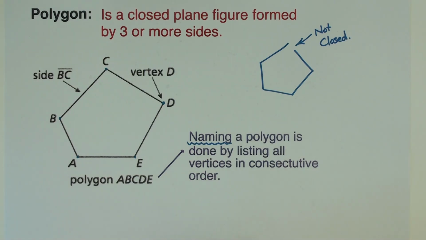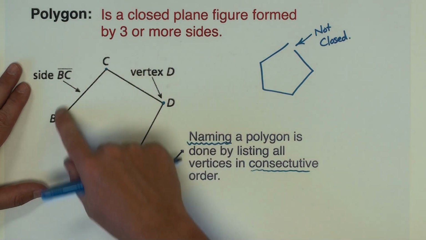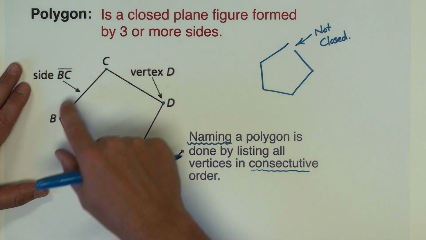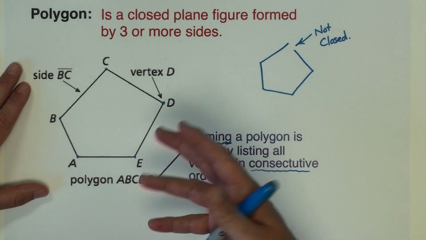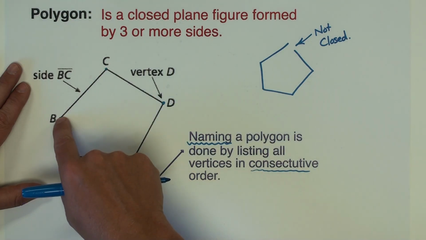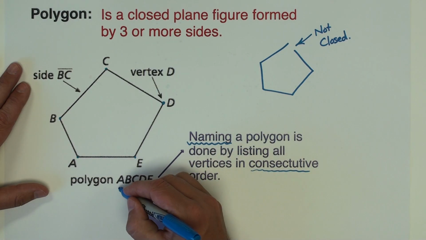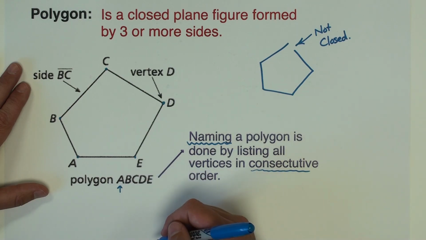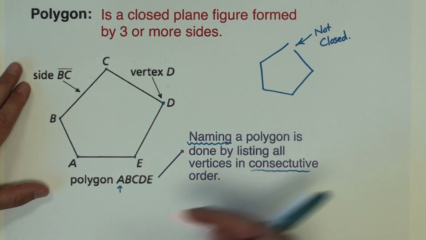You have to list the vertices in consecutive order. So this particular polygon has 5 vertices, so you can go in either direction, but here it's polygon ABCDE, so A to B to C to D to E. You can start at any point, and you just need to go around the polygon in one direction, listing out every single point.